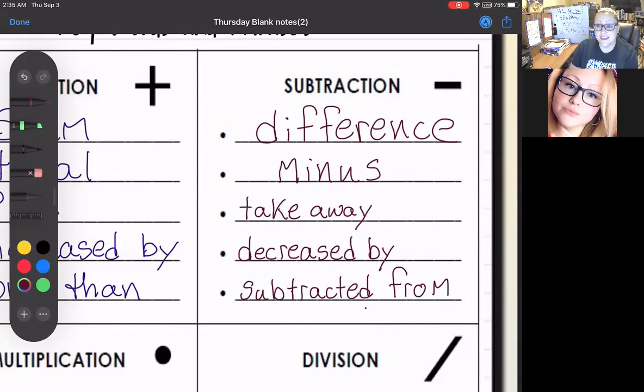And then less than. I know it's added to the bottom.